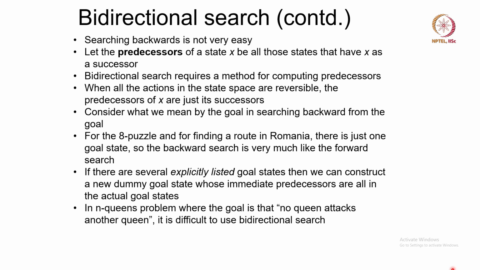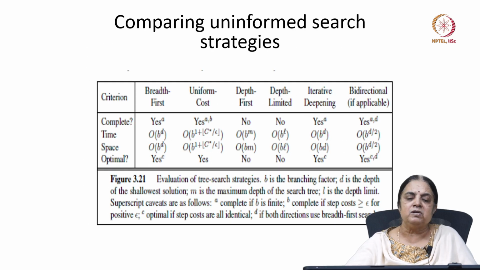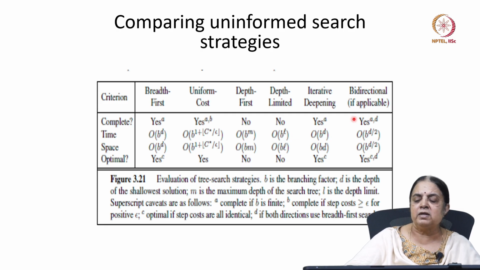Okay, so this actually compares the different uninformed search strategies. Complete except for the depth search: you find that breadth first search, uniform cost strategy and others like that are complete. Depth first search is not really complete.